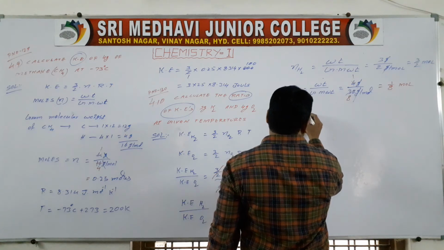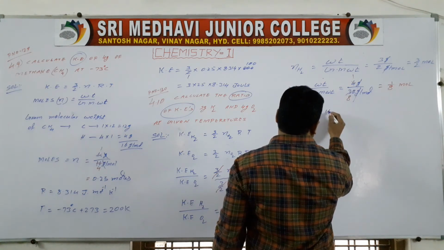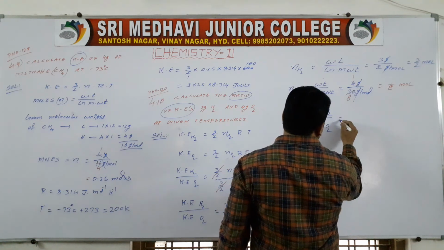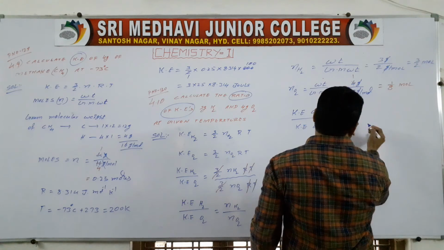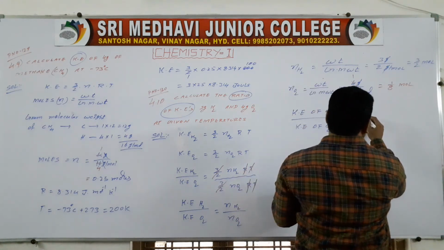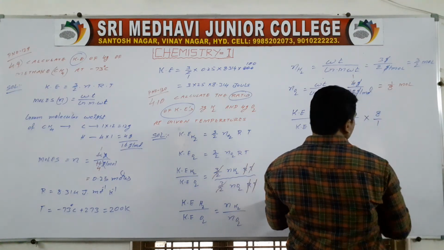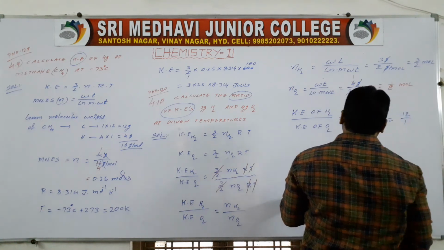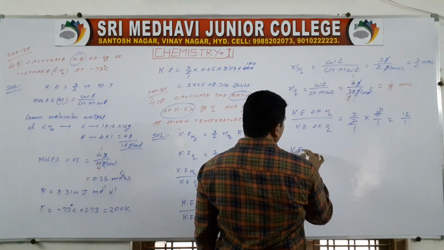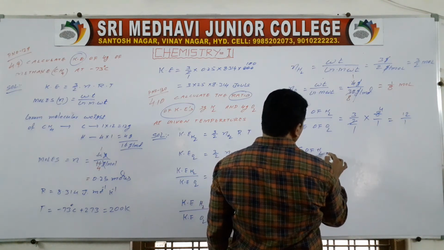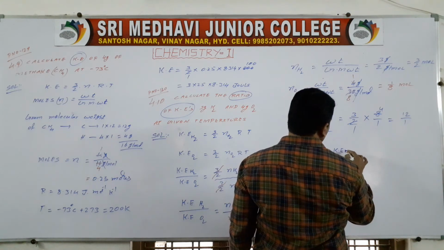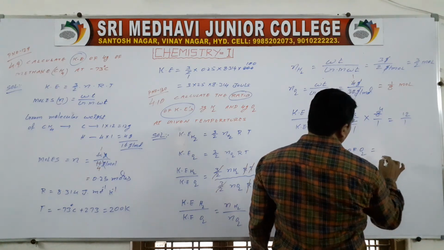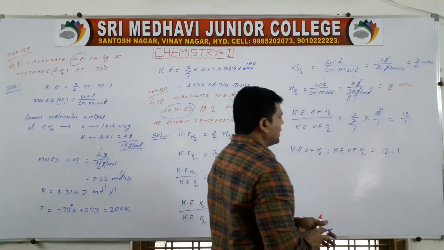KE of H2 by KE of O2 is equal to 3/2 into 8/1. 2 ones are 2, 2 fours are 8. So this is 12/1. Then KE of H2 is to KE of O2 equal to 12 is to 1.